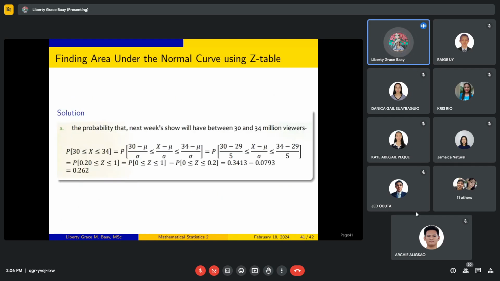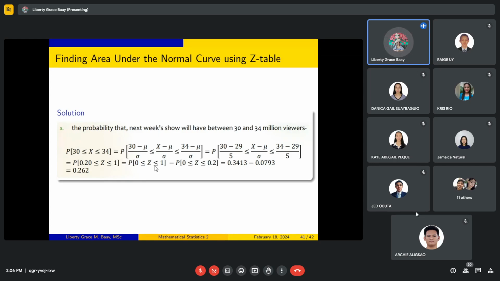Okay, calculating, 30 minus 29 divided by 5 is 0.20. And for the right side, 34 minus 29 over 5 is equal to 1, since 34 minus 29 is 5, divided by 5 is 1.